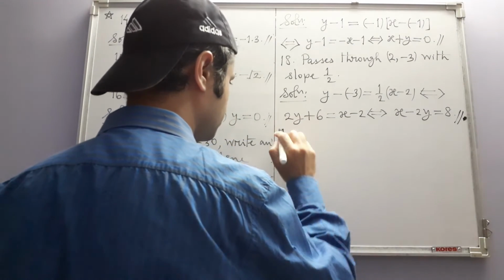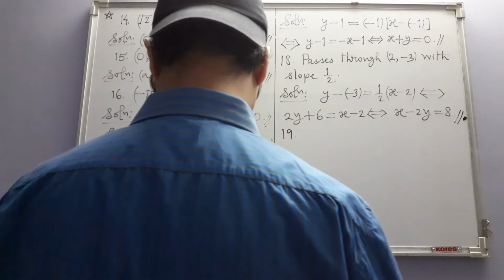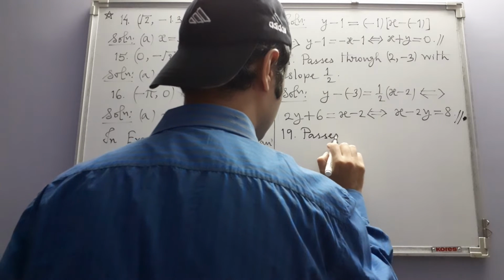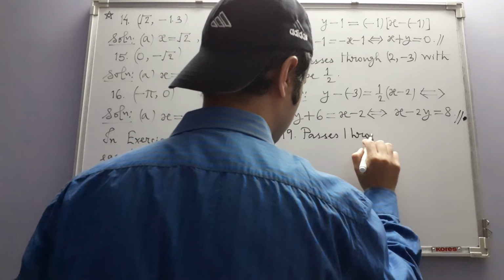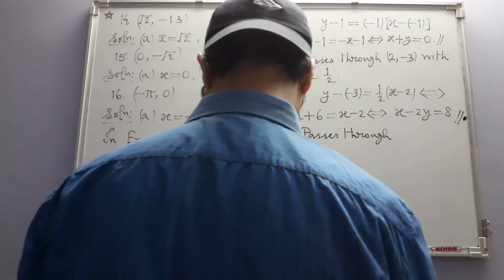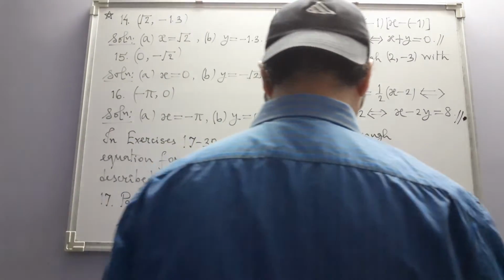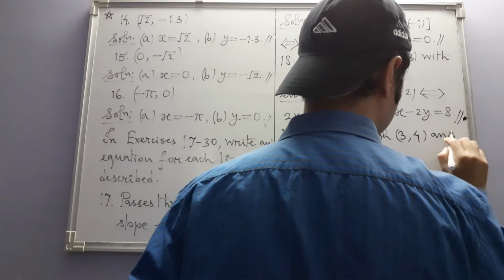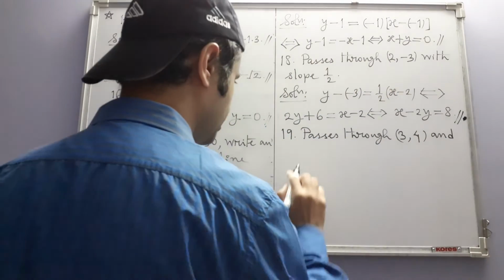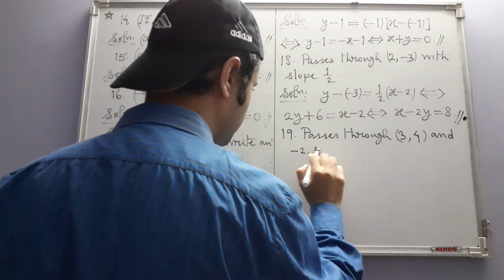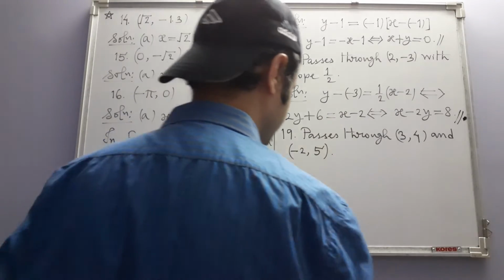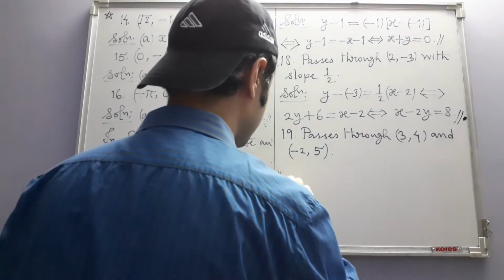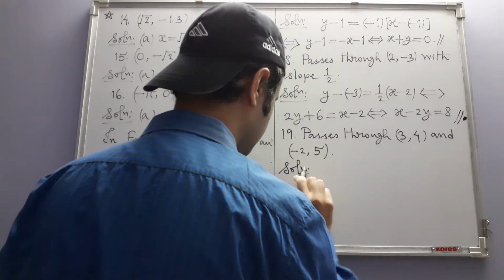Then 19 passes through (3, 4) and -2, 5. So here 2 points are given, the slope is not given, but using these 2 points we can find the slope. So here we will write something.